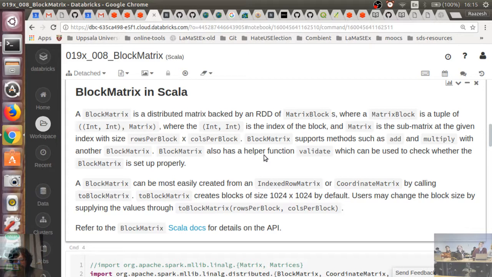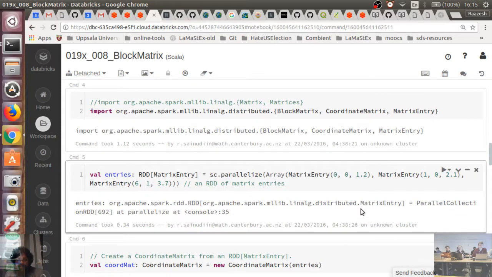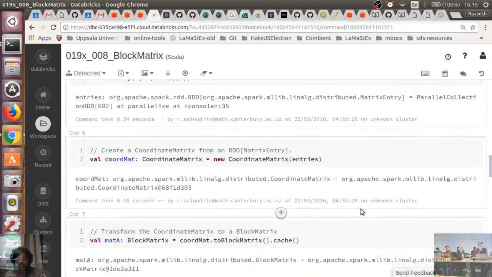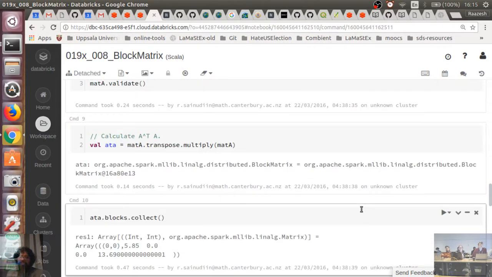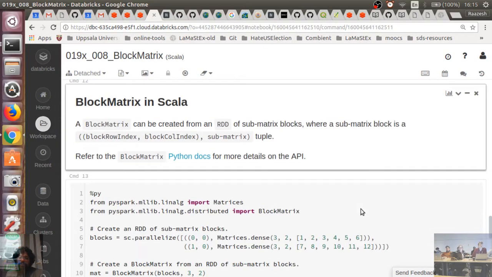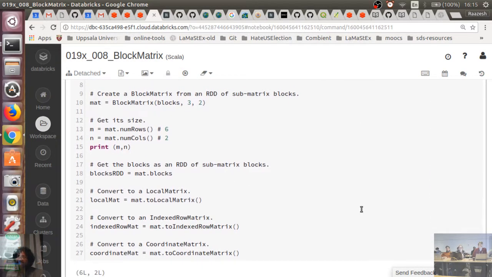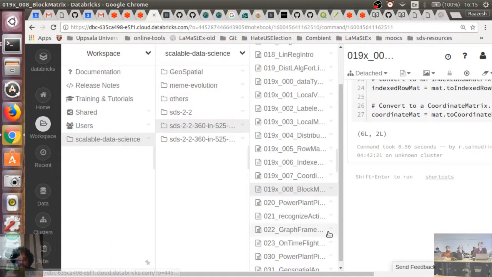It supports methods to add and multiply with another block. I want to throw all this out there because there are people that are into arithmetic here. Anyway, that was that.